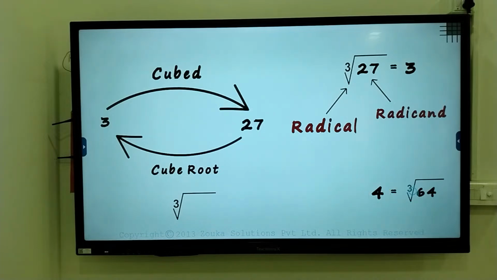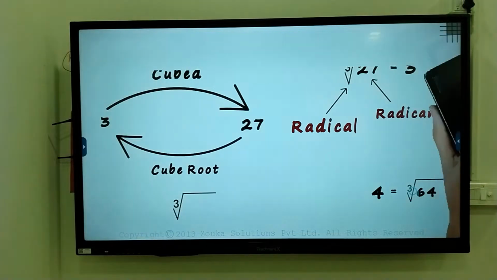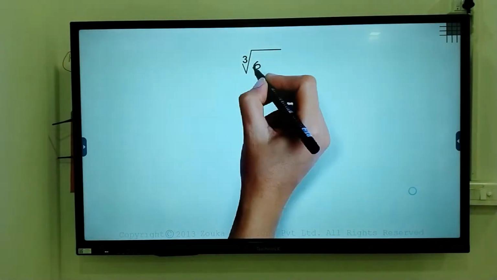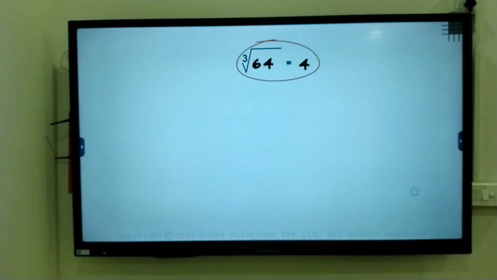Now, we're on our way to understand a very interesting concept. We will try to understand this concept with just one example. We know that cube root of 64 is 4. This example looks very simple, but modifying it slightly can make it interesting. Let's play with these numbers. We can write 64 as 2 raised to 6.